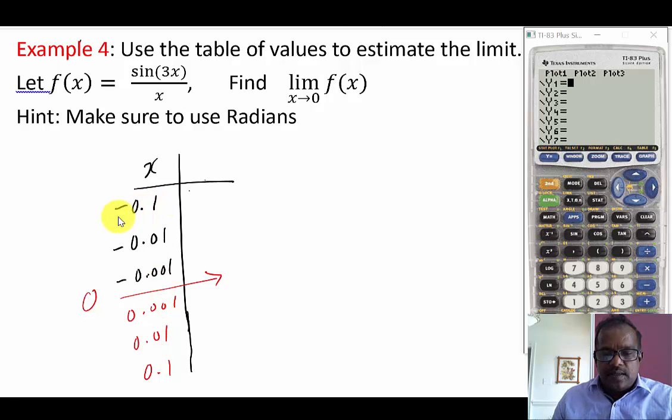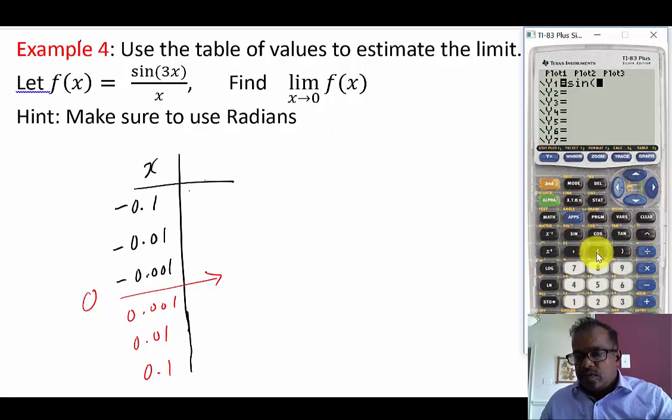In the calculator, let's enter the formula sine 3x, close parenthesis, divided by x, press enter.